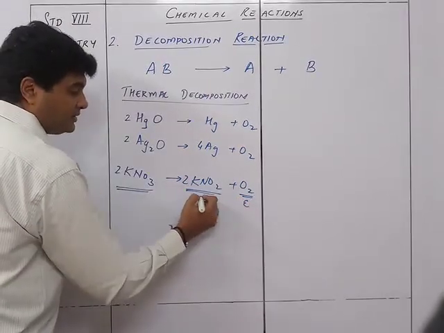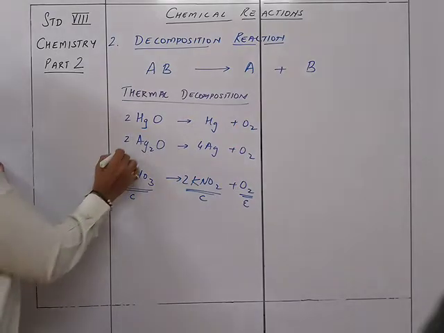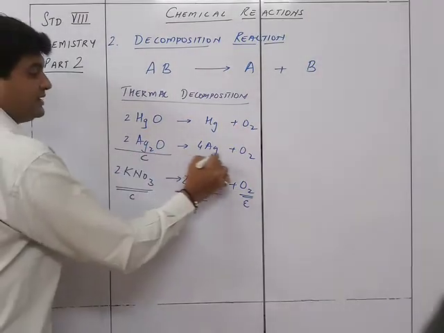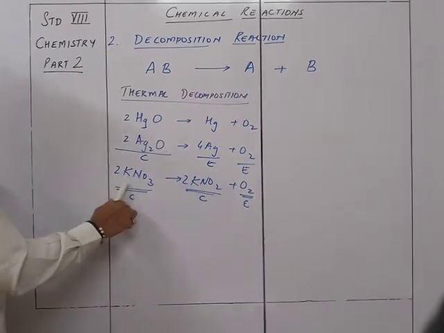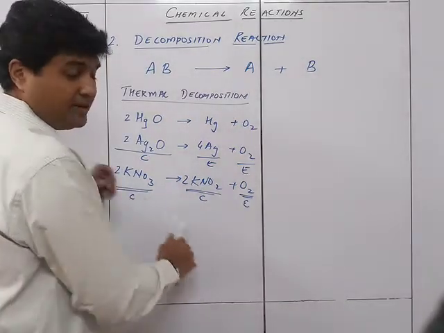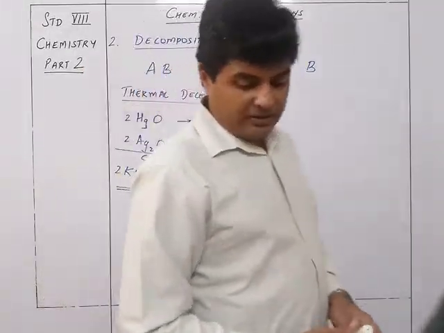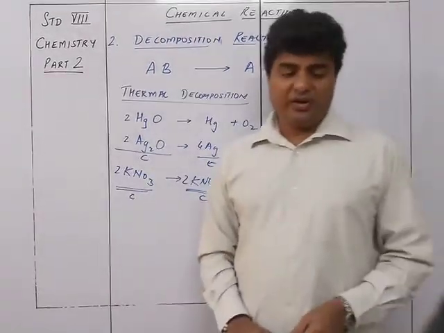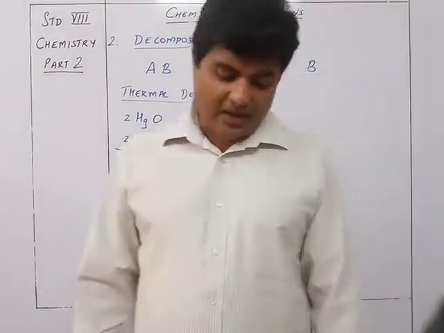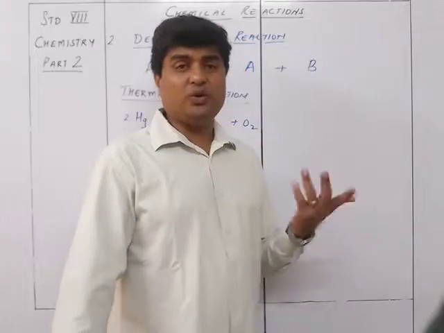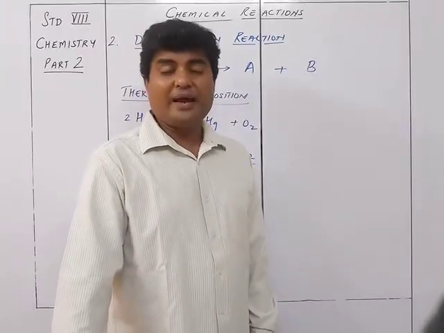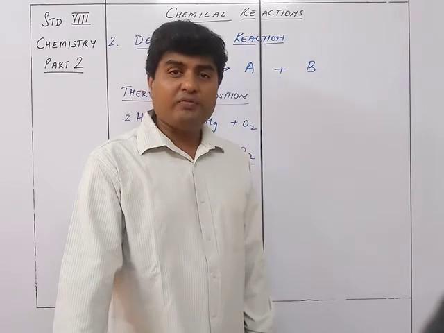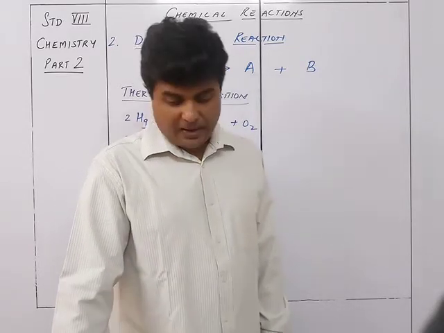Here this was a compound, this is an element, and this is an element. So a compound giving you another compound and an element is the example given here: KNO3 will give you KNO2 plus O2, or KClO3 will give you KCl plus O2.